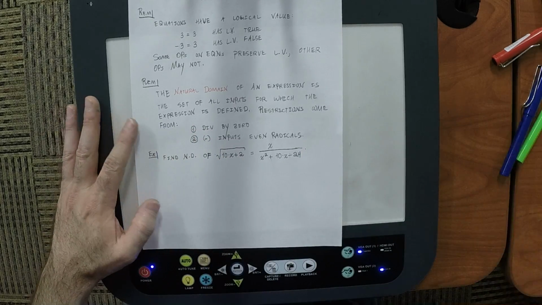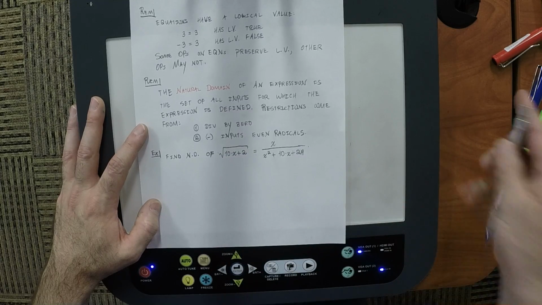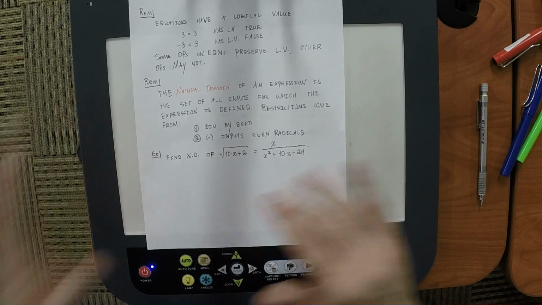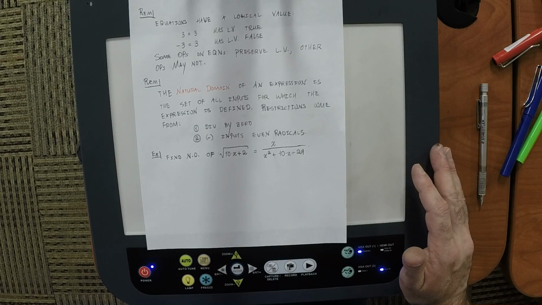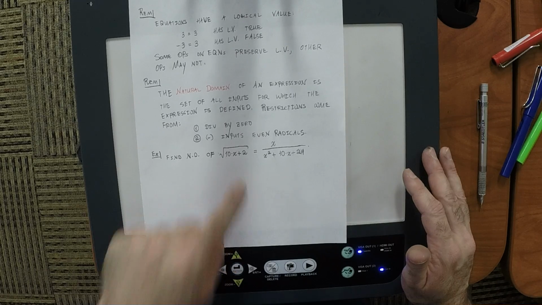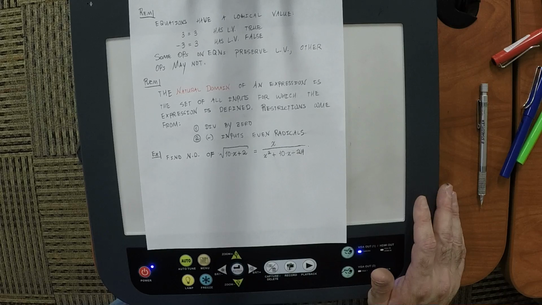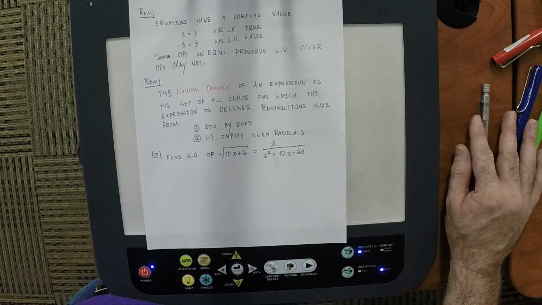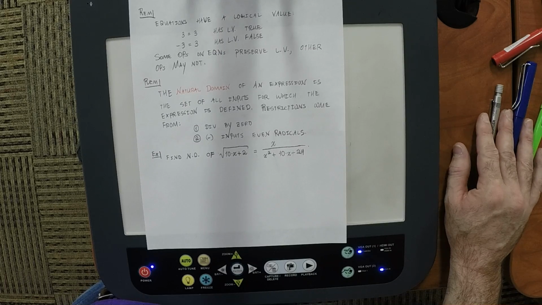But, in fact, the interpretation of this is, well, yes, I agree that it's not an expression, but yet this equation is defined for some values and not others. And that's what I want to know. What values could you plug into this equation so that it is defined? But be careful and understand that I'm not asking what values could you plug in such that the equation is true. That's not what I'm asking. I just want to know when it's defined. So if I was asking you to find the set of all inputs such that the equation is true, then what's the name for that?